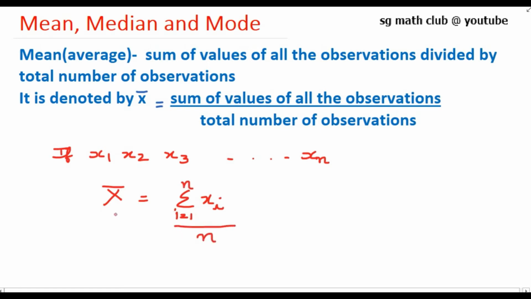So the formula for arithmetic mean x bar we can write in notation like this: sigma i equal to 1 to n xi divided by n. Meaning, sum of all the observations divided by number of observations, x1 plus x2 plus x3, etc. The last observation is xn, and total n observations are there.